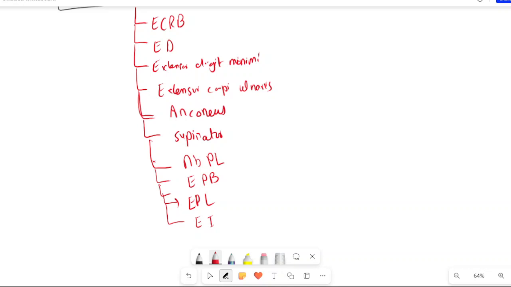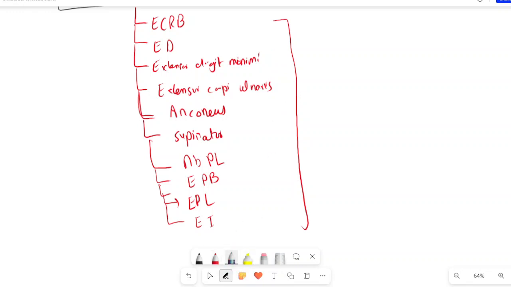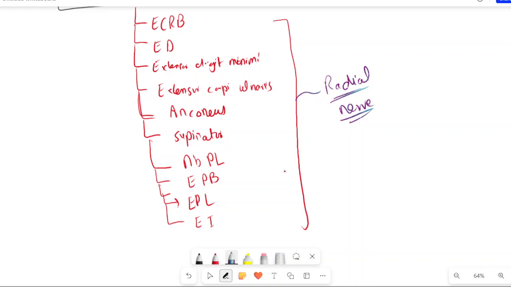Now, all these muscles are supplied by the deep branch of the radial nerve.